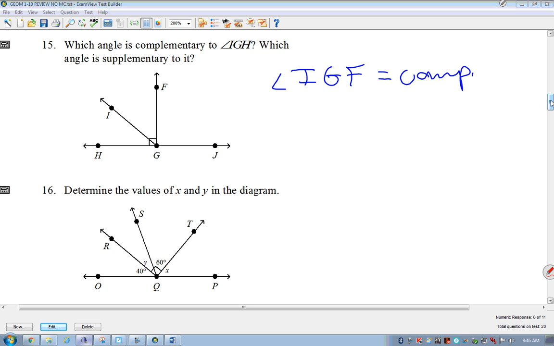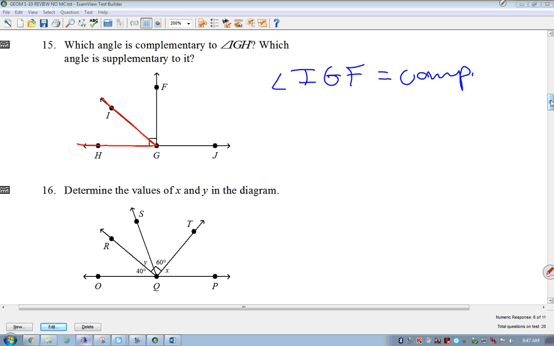With that being said, we've got IGH. What angle with IGH is supplementary? Do you think you know, Jordan? With IGH, that means it's going to make it 180 degrees. It's going to finish out the line, across from IGH.